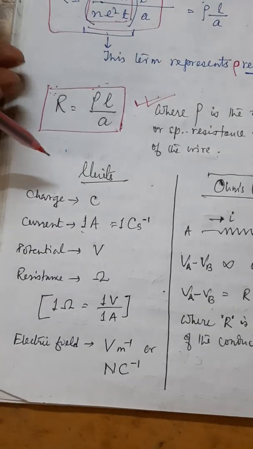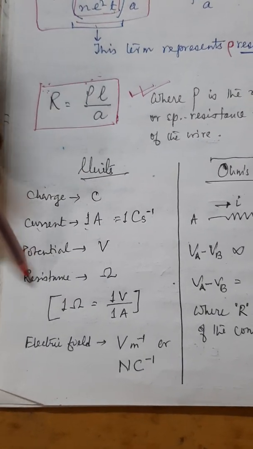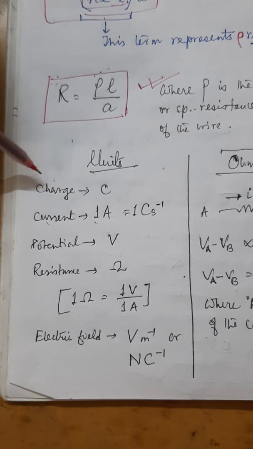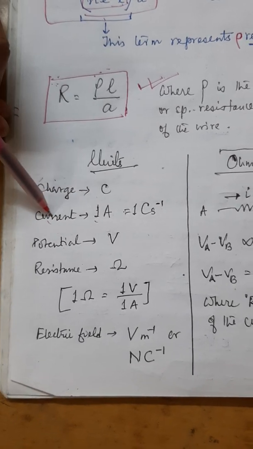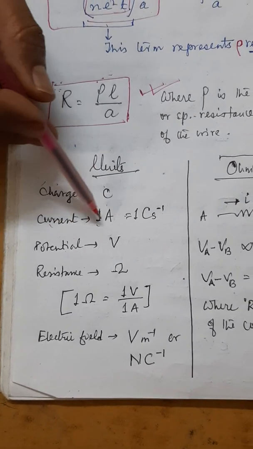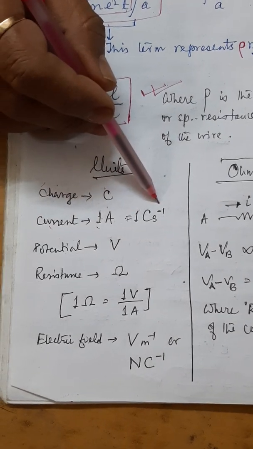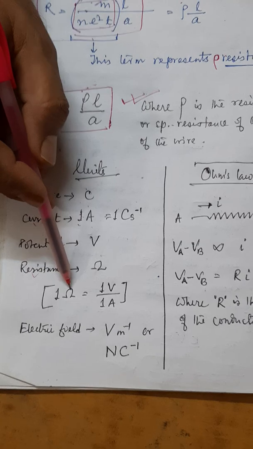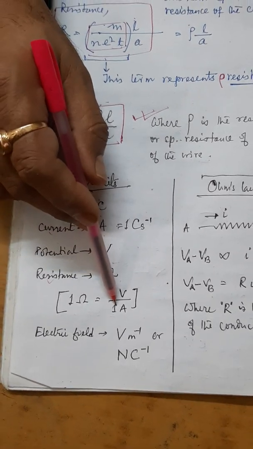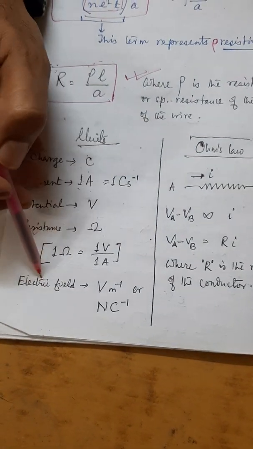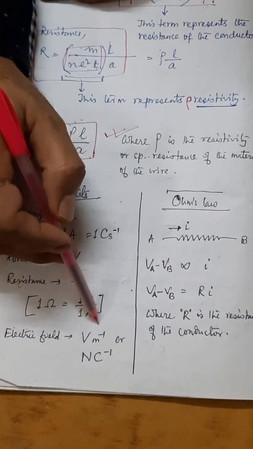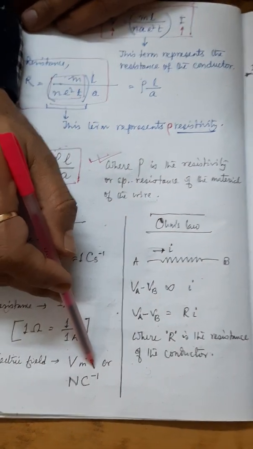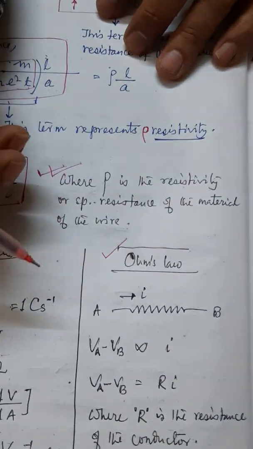So far we have studied these quantities, and their units are: charge is coulomb, current is ampere, where 1 ampere means 1 coulomb per second, potential is volt, resistance is ohm, where 1 ohm is equal to 1 volt by 1 ampere, and electric field can be expressed in volt per meter or newton per coulomb. Both are valid. Ohm's law you have studied in class 10.